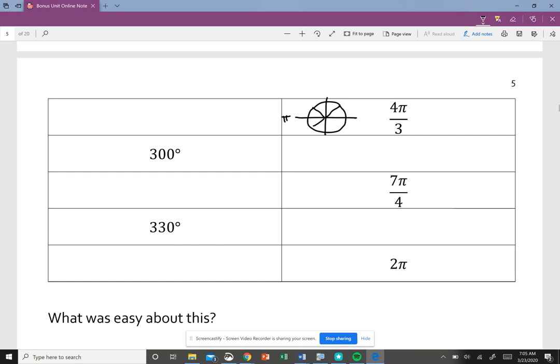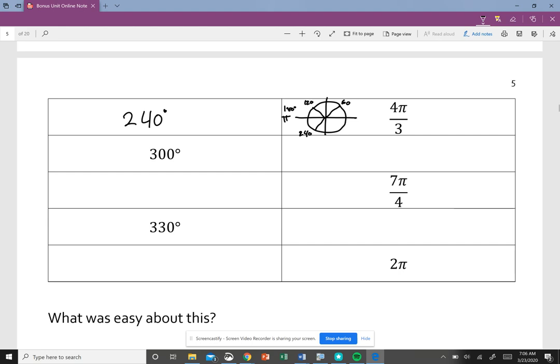About there. Now 1/3 of 180 degrees would be 60. So this would be 120, 180, and then add 60 more, and this would be 240. So this should be 240 degrees.